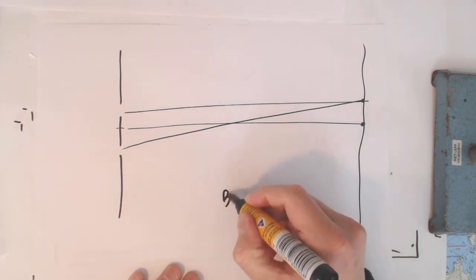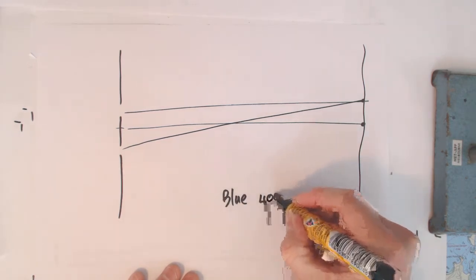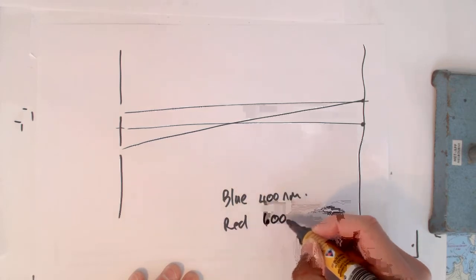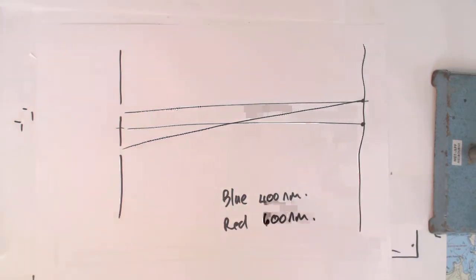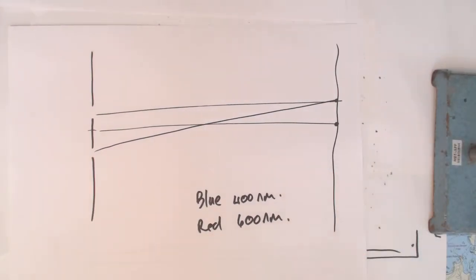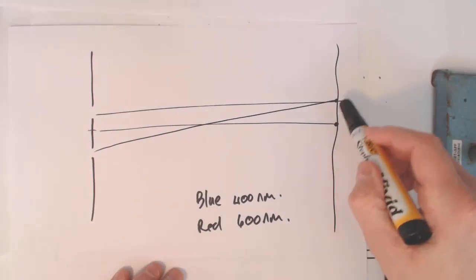But blue has a wavelength of about 400 nanometers, and red has a wavelength of about 600 nanometers. So half a wavelength for blue is a smaller distance than half a wavelength for red. So the blue is going to be half a wavelength different before the other one.